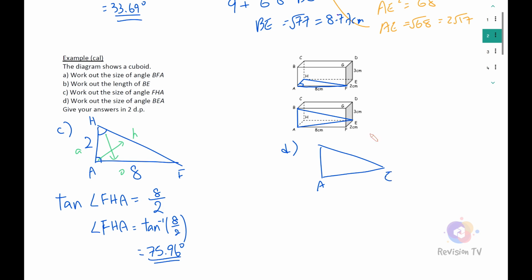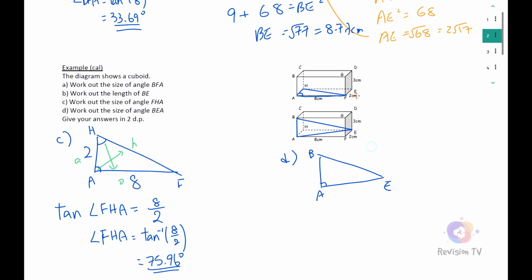But this time with no choice but to rely on the previous answers. So BE is 8.77, or I will use root 77 instead. AE is root 68, or actually 2 root 17. And BA is the reliable 3.